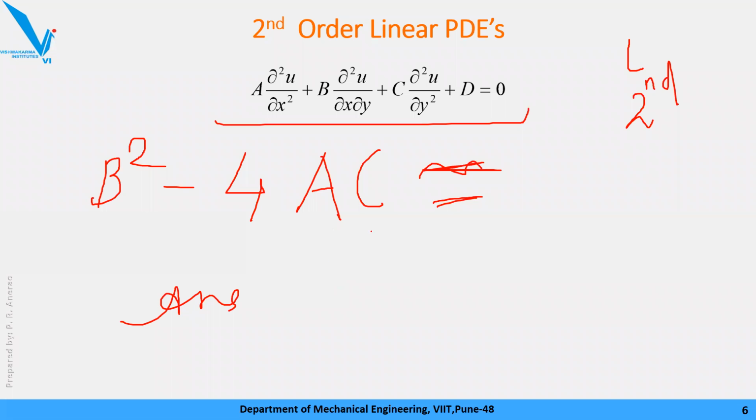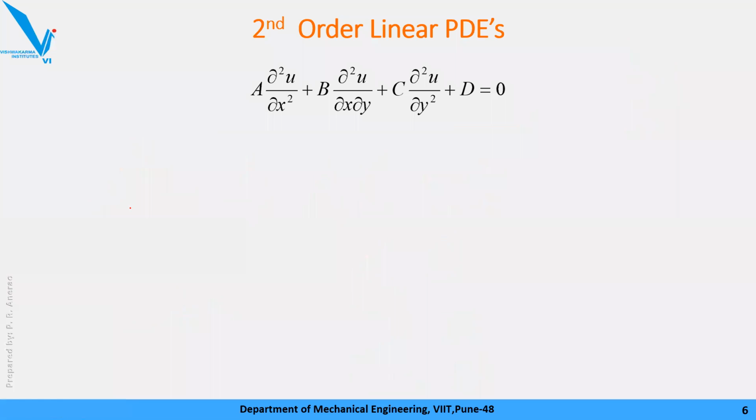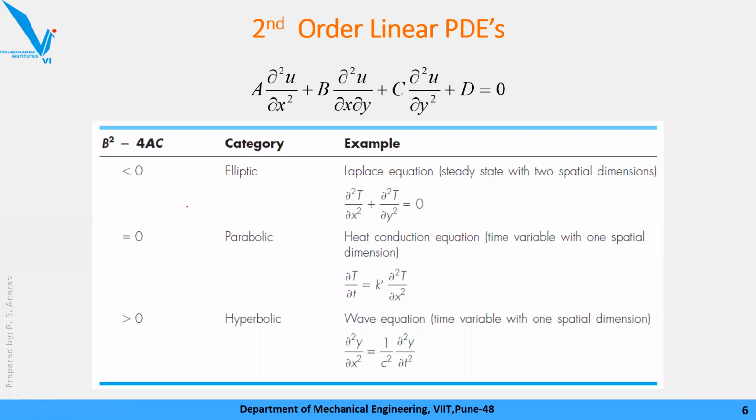Whatever answer you get, it might be less than 0, greater than 0, or equal to 0. So you compute, and based on that, if this value is less than 0, we call it an elliptic equation.